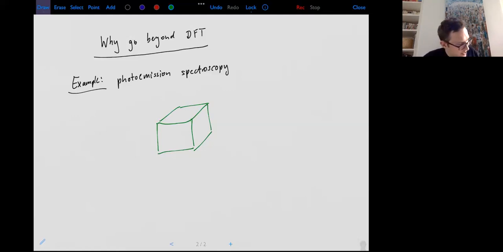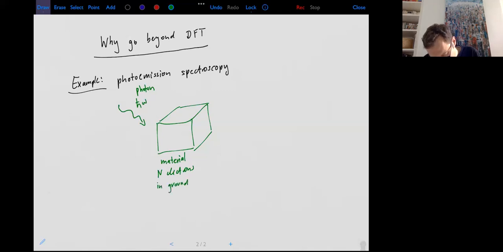What we'll do is shoot a photon with energy h bar omega at the sample. We'll assume that initially the material contains n electrons and is in its ground state, which we'll denote by n0.